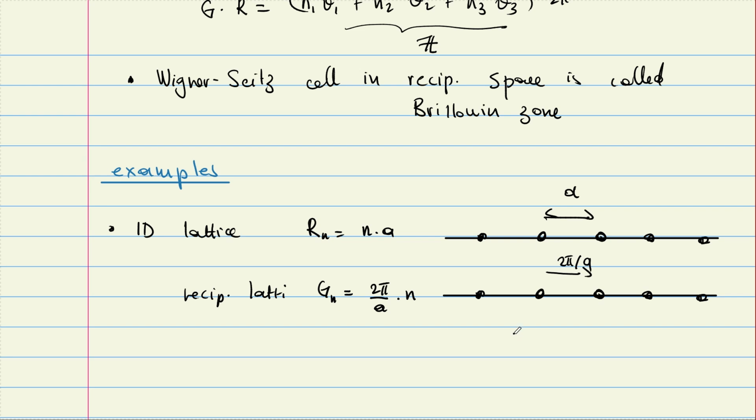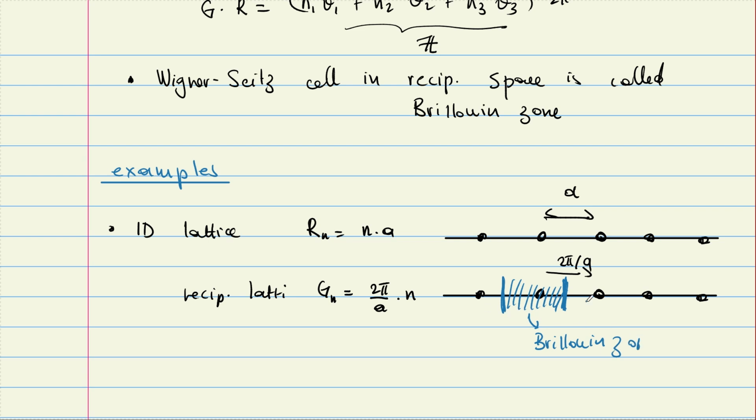And let's construct the Wigner-Seitz cell of the reciprocal lattice. So in the Wigner-Seitz construction, I take a line to the nearest neighbor and put a perpendicular bisector right in the middle. So suppose I'm taking this side and I take another line to another nearest neighbor and I put another perpendicular bisector in the middle, and the region enclosed between these two is called the Brillouin zone.